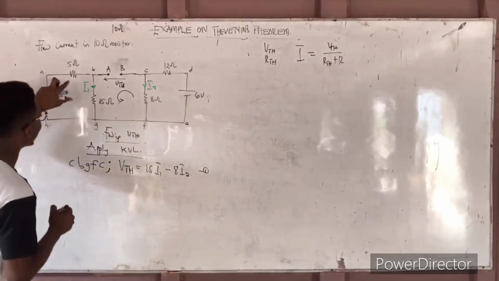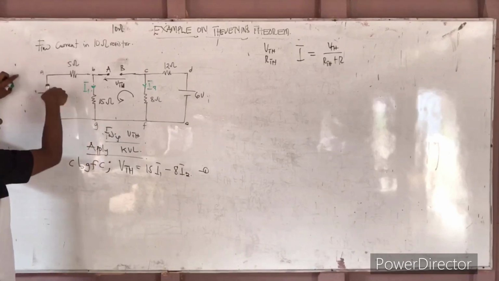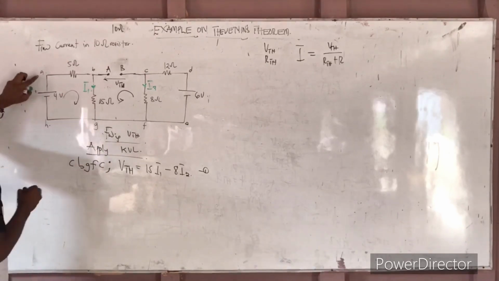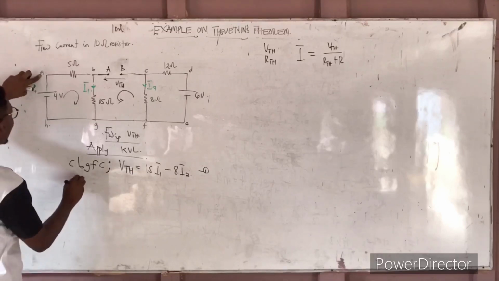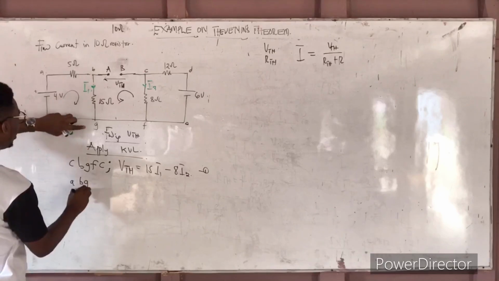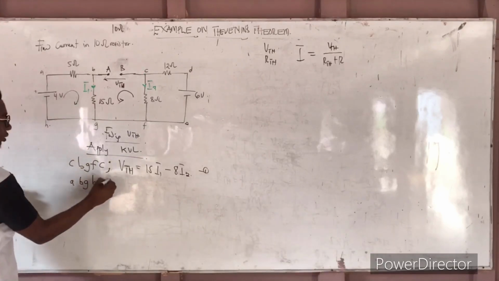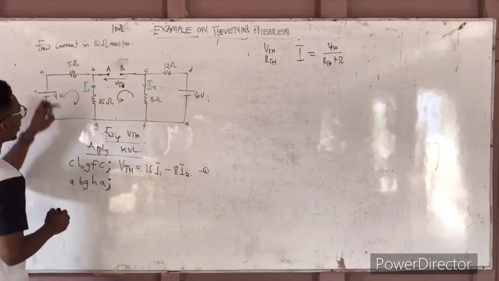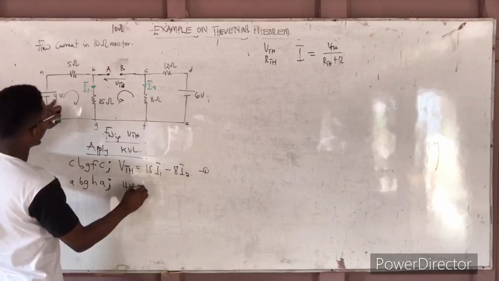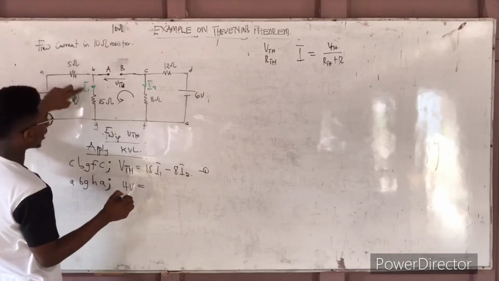Now let me come to this side. Because here is positive and current will flow in this direction, I want to take my loop in the clockwise direction. So for taking my loop clockwise, I have A, B, G, H, and I come back to A. When I do this, I find only one voltage, so 4 volts is equal to, the same current passes through the 15 and the same current will pass through the 5, that's I1.